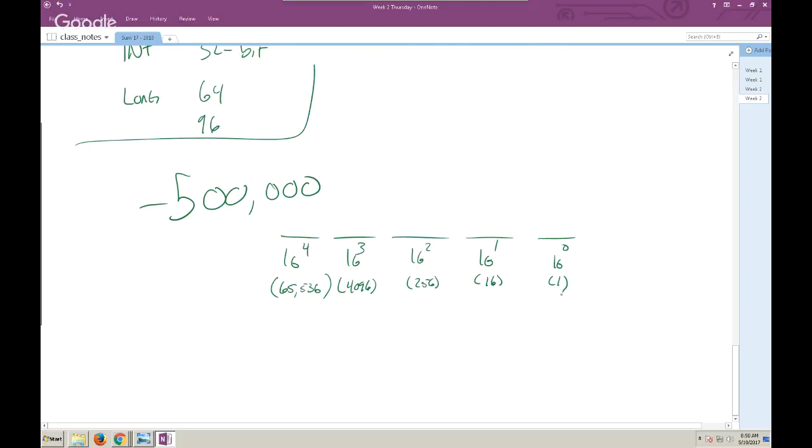Can we pull out? If we have the absolute value here, which is 500,000, how many times can we pull this out? Say 7? Okay. Which represented how much of this number now? What's 7 times 65,536?